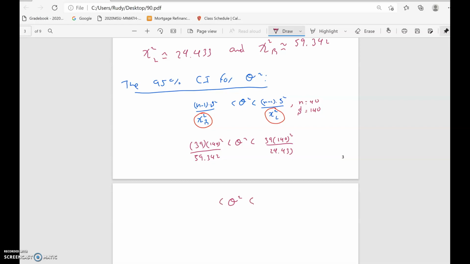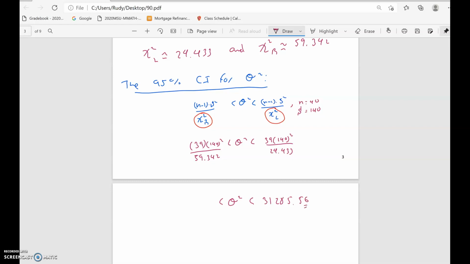Which is actually going to give us that the variance is bounded by the following two values. On the upper bound, I'm getting 31,285.56.